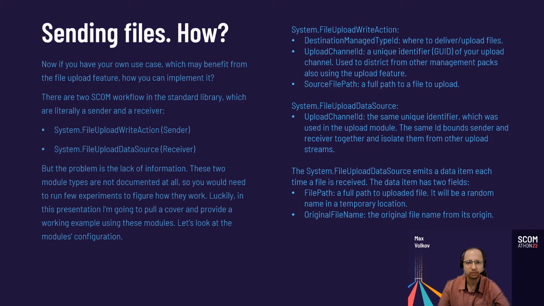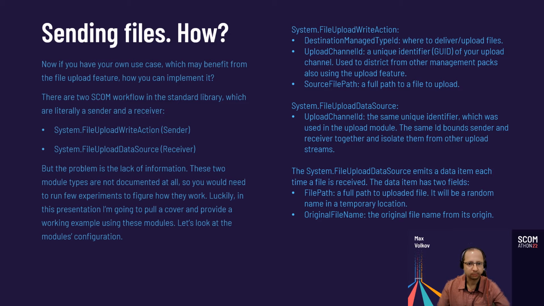And finally, and the most interesting, source file path is simply a full path to a file which you require to upload. And then the second module, which is the file upload data source. It requires for its configuration just a channel ID. So you put this absolutely same ID to say, hey, this is my channel. I'm using the channel. Please notify me on any uploads inside the channel.